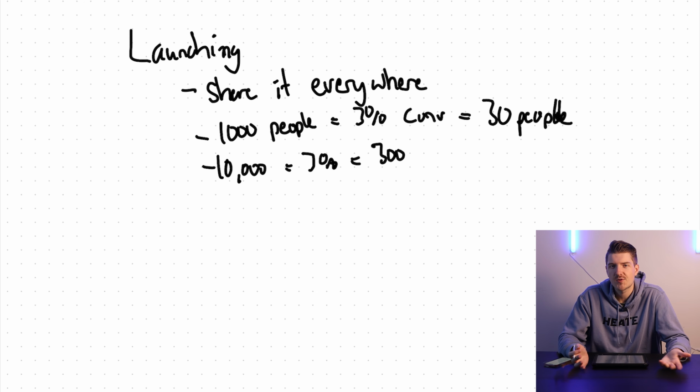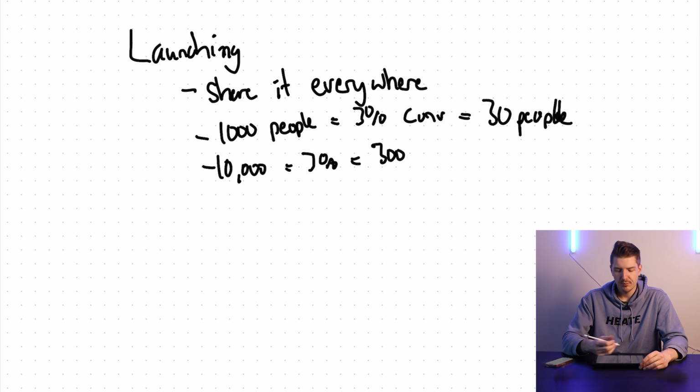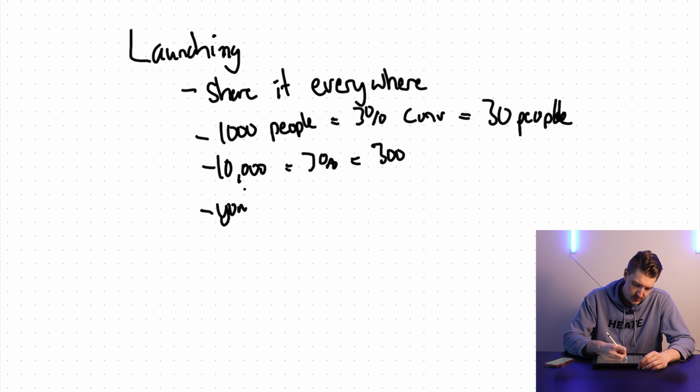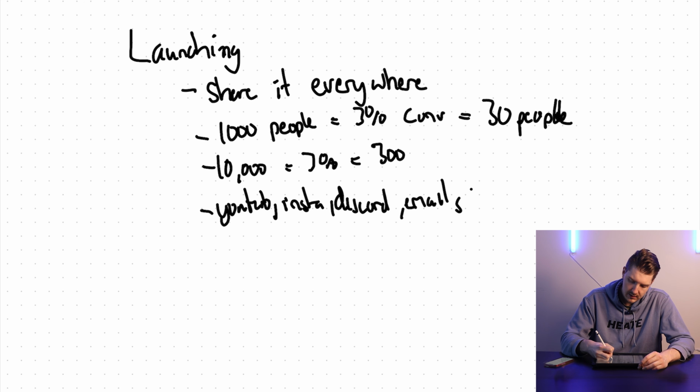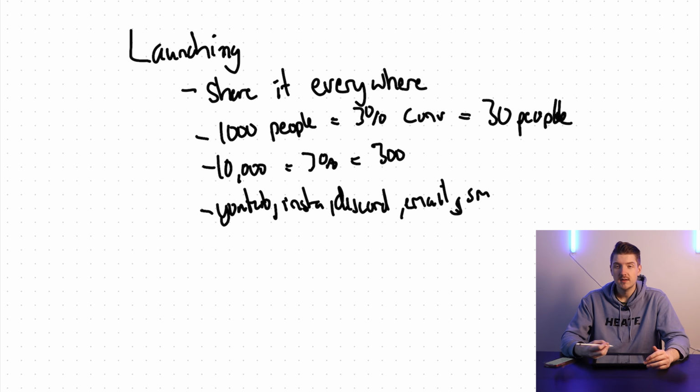It's just traffic at that point. And so it's so important that you go YouTube, Instagram, Discord, email, SMS if you have it. Literally any place that you can reach somebody, you want to make them aware, hey, we just launched this thing. It's so simple, but it just is that. You need to make people aware of it.